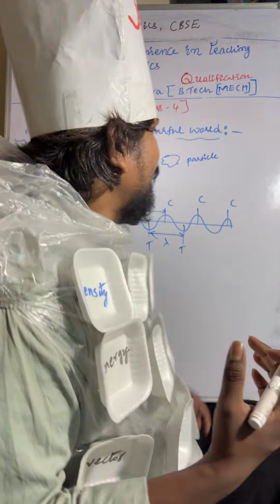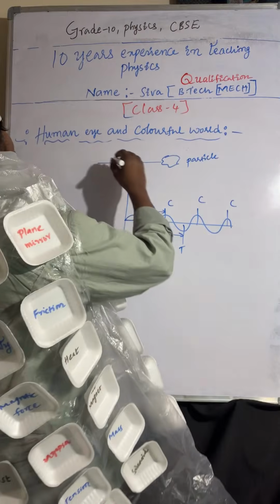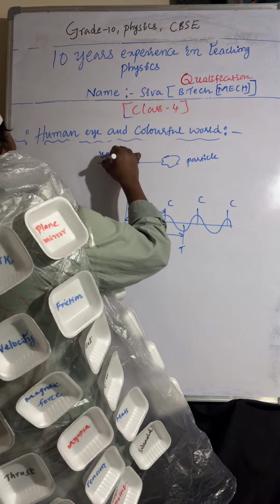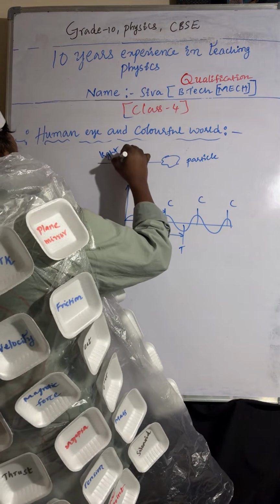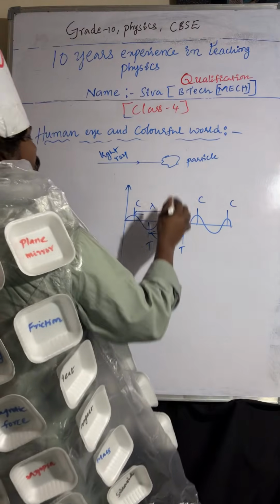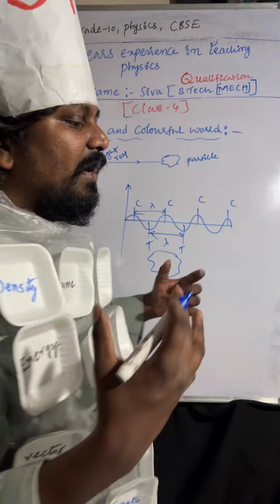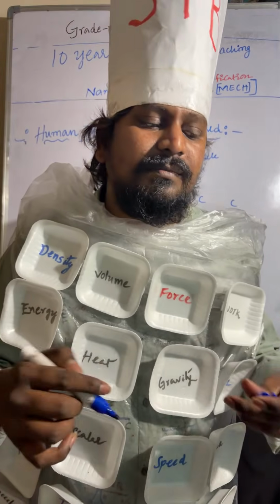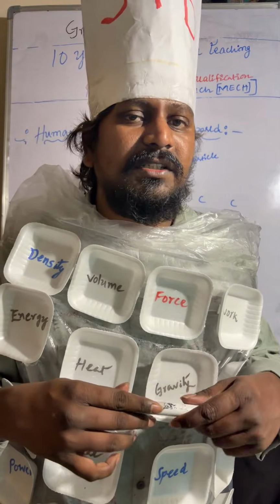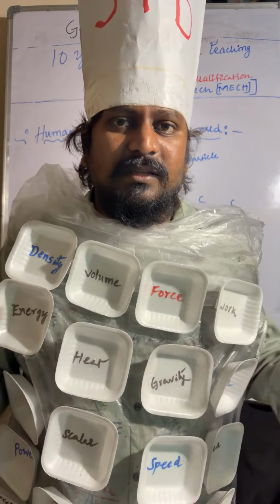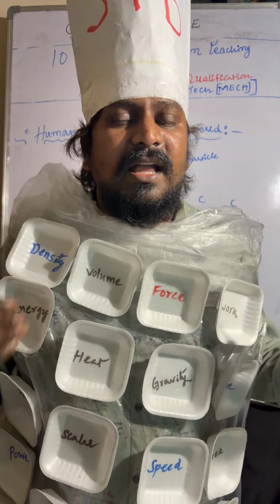Understood? Therefore, this is the light ray which is incident on it. If that wavelength is comparable to the particle size, then that particle will absorb the light and re-emit it in all directions with a different intensity. So that is called scattering of light. Re-emission.